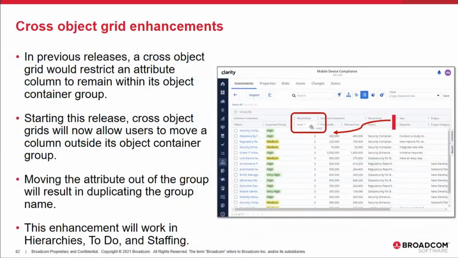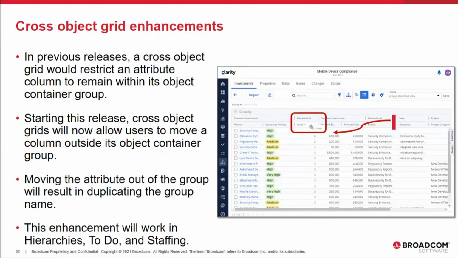Cross-object grids were introduced a few releases ago. Cross-object grids, such as the to-do grid or the staffing grid, allowed you to see data across multiple objects. For example, in the to-do grid, you can see the investments data, the task data, and the to-do data all in the same grid layout.